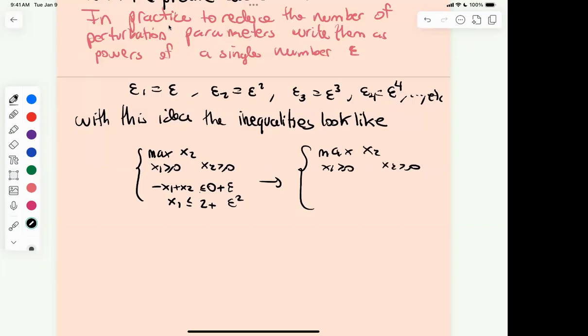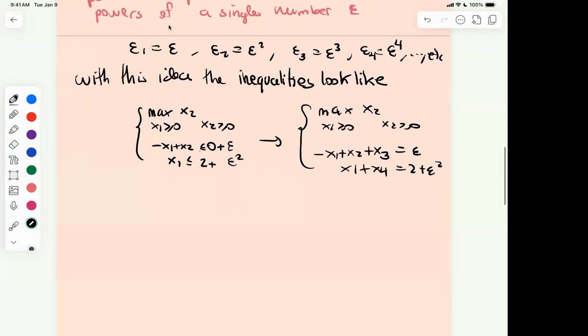So how many slack variables do we need? We need two, because we have two inequalities. So minus x1 plus x2 plus x3 equals epsilon, and then x1 plus x4 equals 2 plus epsilon squared. Okay, so that is how the equality equations look.